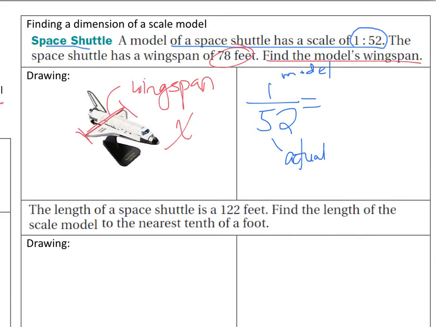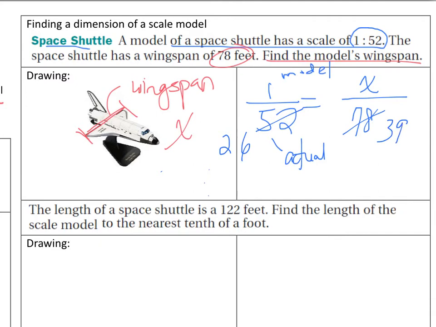Then in the numerator here, I should put x, and 78 is the actual length of the wingspan. Now I can simplify. We can divide 52 by 2 to get 26, and then 78 divided by 2 to get 39.